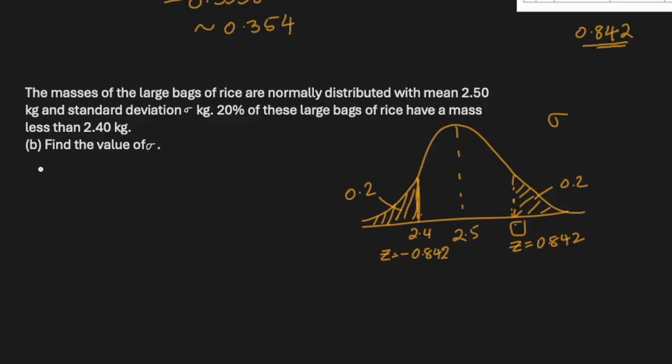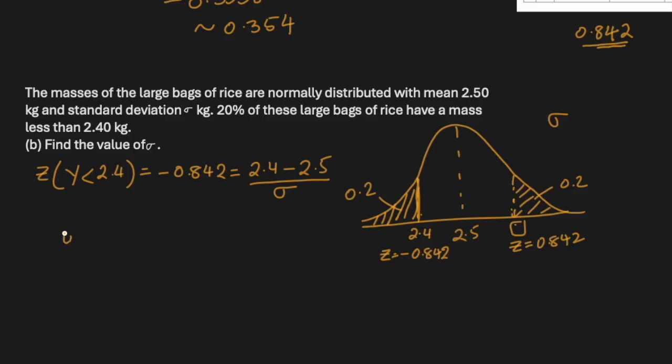Z for a new variable, let's say Y, is less than 2.4, our specific value, is equal to negative 0.842, which, according to the formula, is the data, 2.4, minus the mean, 2.5, divided by sigma, which is unknown.